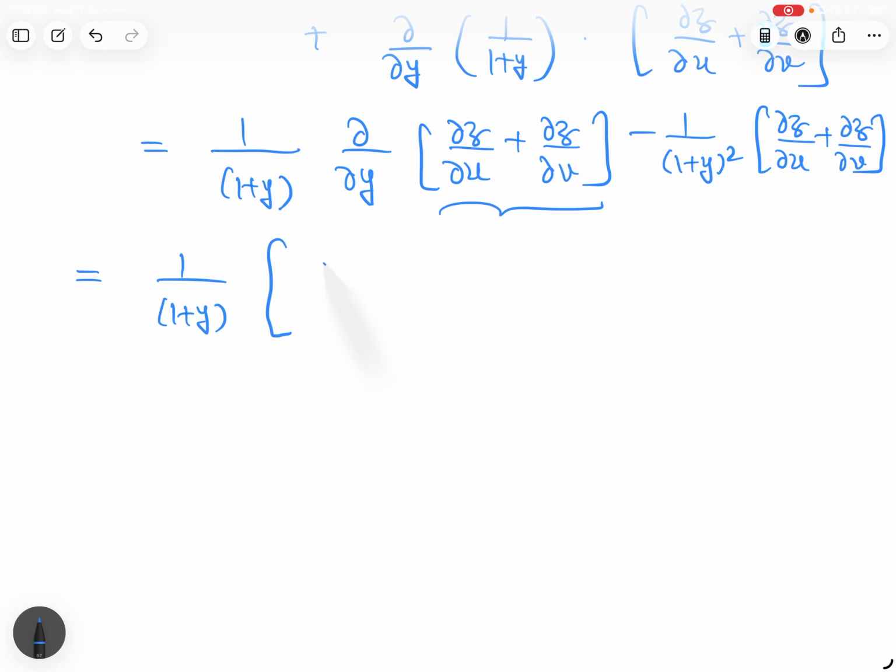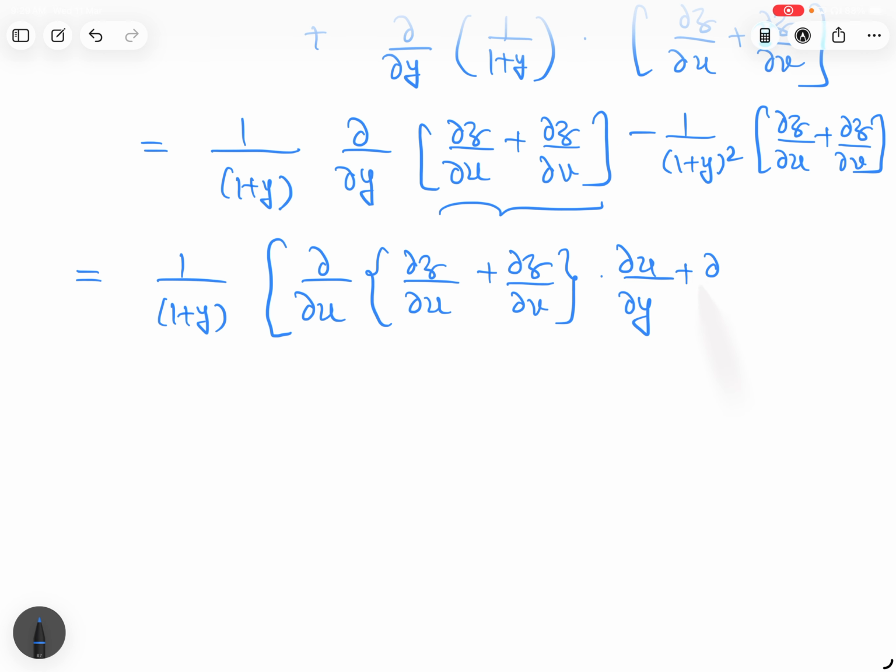Del z upon del u into del u upon del y plus del upon del v of del z upon del u plus del z upon del v into del v upon del y, and this term is as it is.